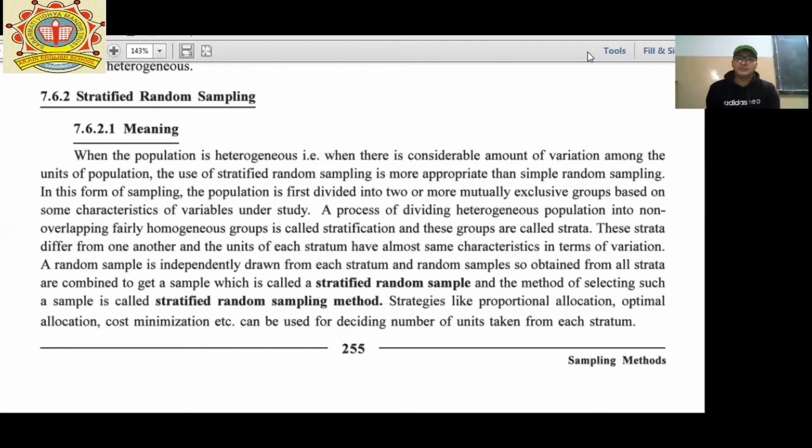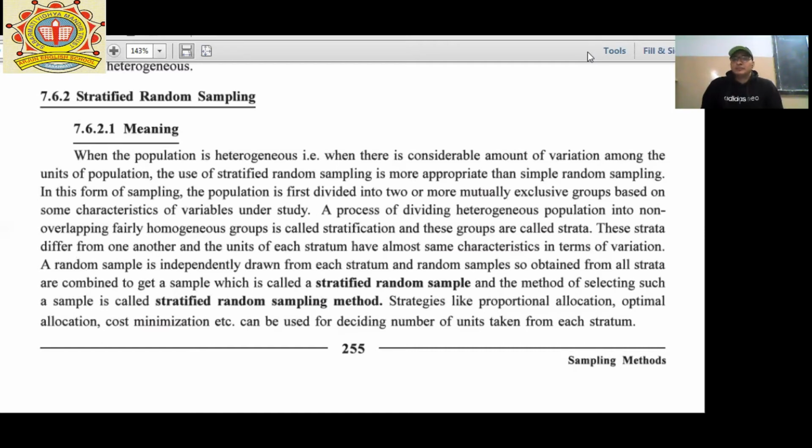A random sample is independently drawn from each stratum, and the random samples so obtained from all the strata are combined to get a sample, which is called stratified random sampling. So I select one random unit from one common group, another from another common group, and another from another common group. So it is called stratified random sampling.